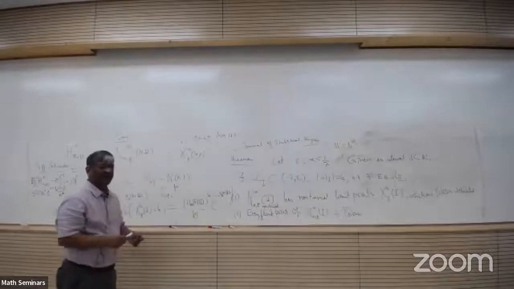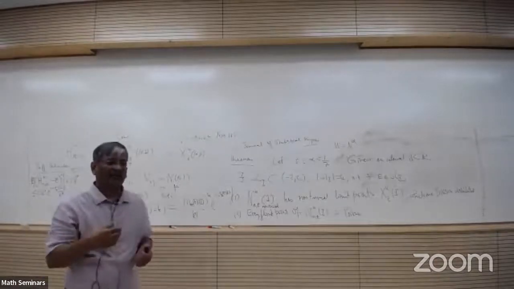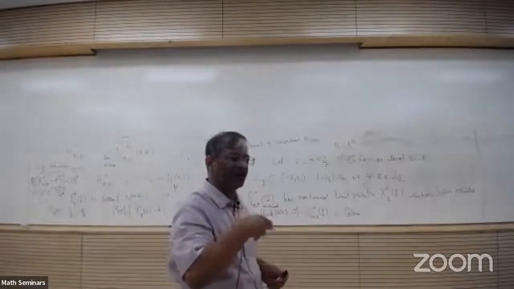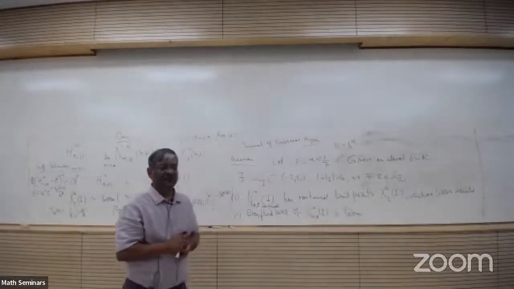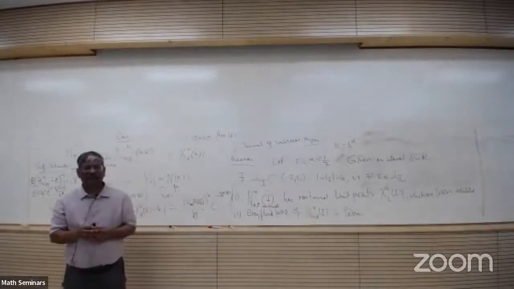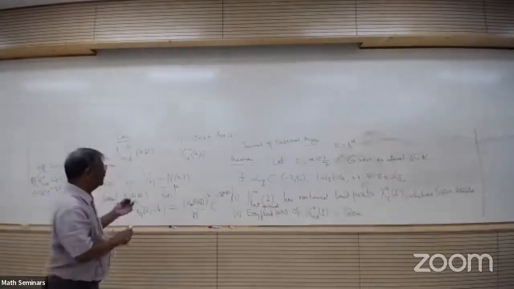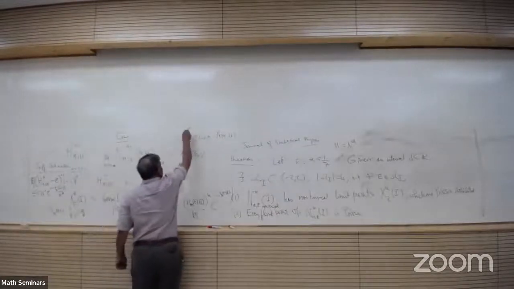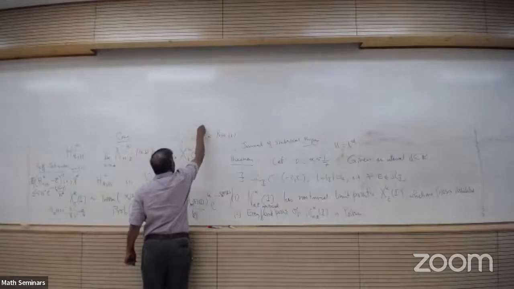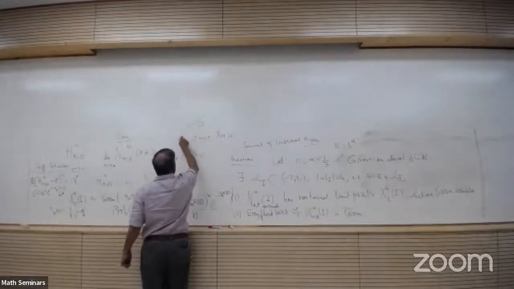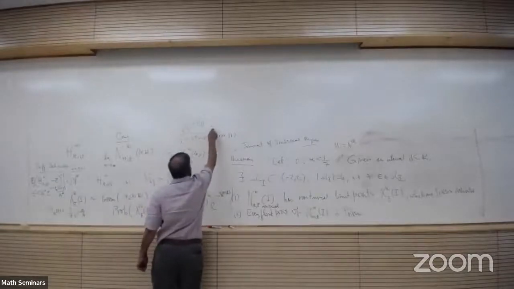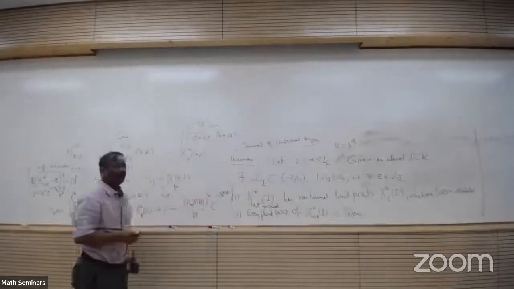So in this case, you have a normal random variable on C, with density e to the minus (x squared plus y squared) by 2 with an appropriate normalizing constant.